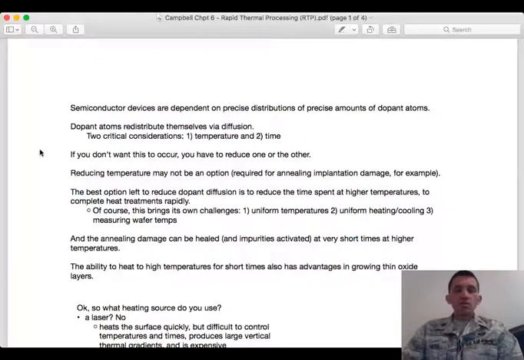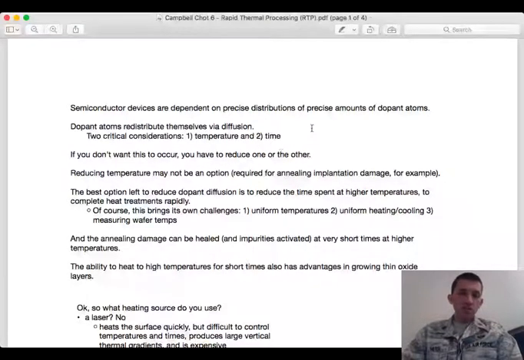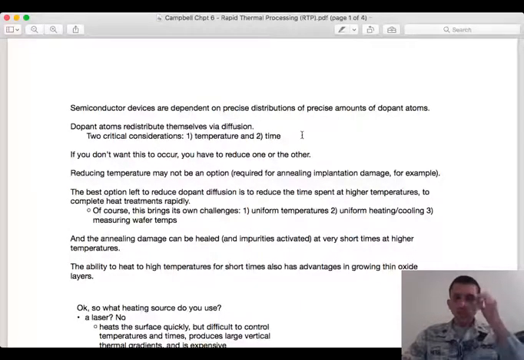And so we know that diffusion is driven by two things, right? Temperature and time. And the more that you have of either one of those, the less you need of the other, right? Meaning, if you raise the temperature, the diffusion is going to happen much more rapidly. And in many cases, we take advantage of this by doing a thermal processing step at a higher temperature so that it doesn't take as long.